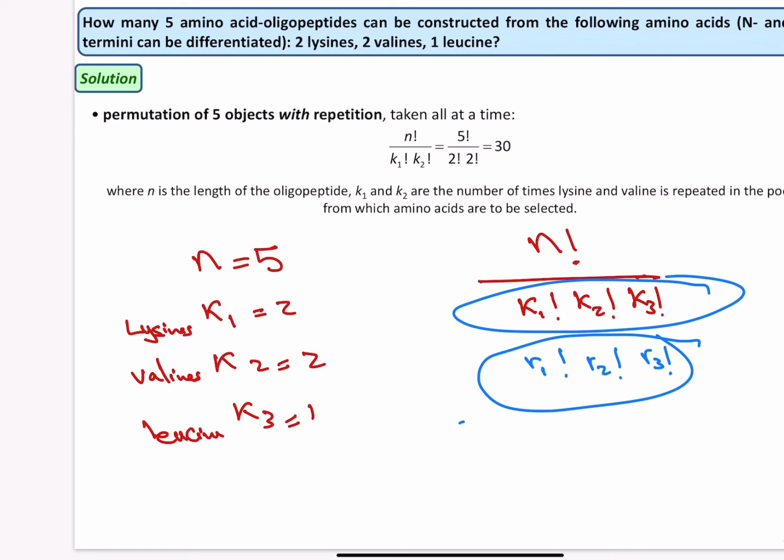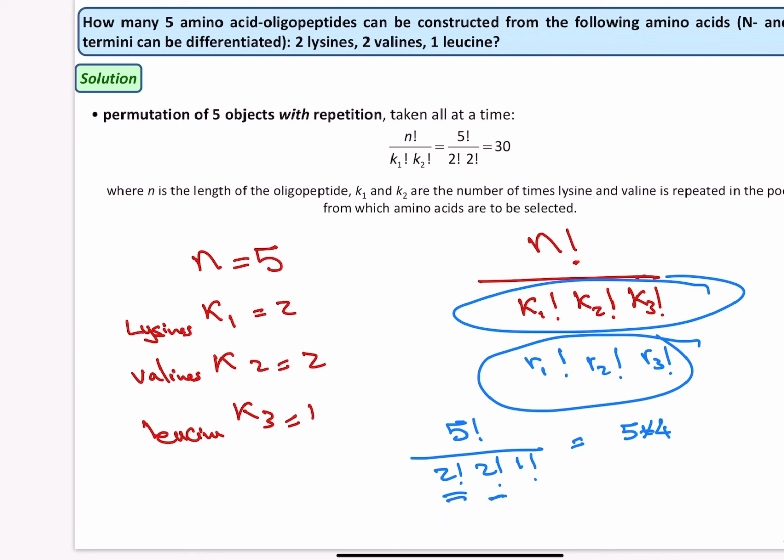So it will be n factorial, 5 factorial, divided by k1 factorial, 2 factorial, k2 factorial, 2 factorial, k3 factorial, 1 factorial. Here he did not write 1 factorial because it doesn't mean anything; it is 1, and multiplied by anything it stays the same. So it equals 5 times 4 times 3 times 2 factorial, and I keep expanding until I reach the biggest factorial.